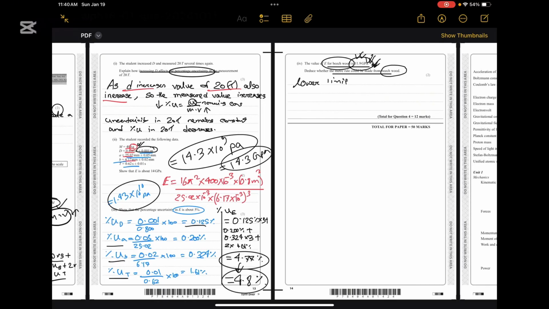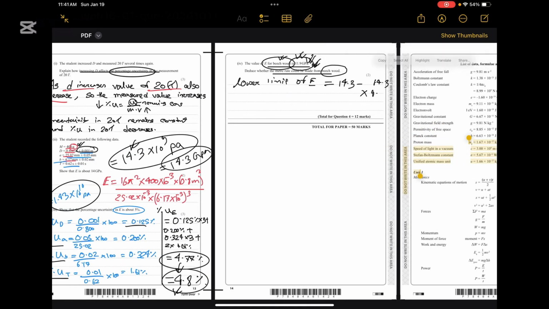If the lower limit of the material is smaller than beech wood, then beech wood can be used. So the lower limit of Young modulus is equal to 14.3 minus 14.3 into the percentage uncertainty, 4.8 divided by 100. So the value will come as 13.6 GPa.